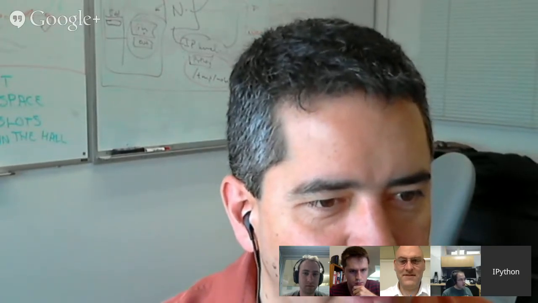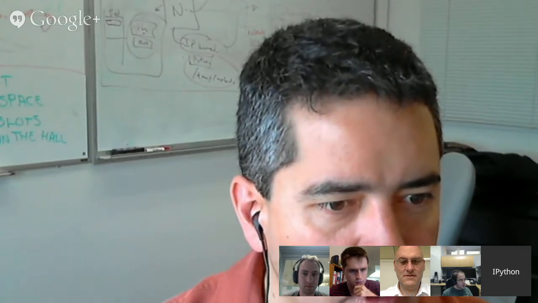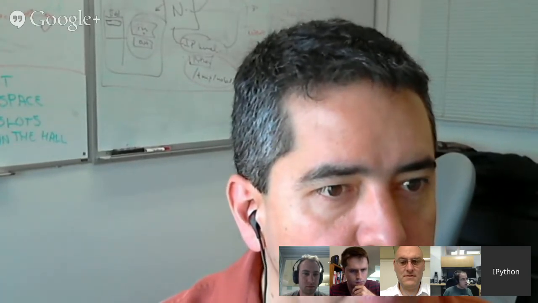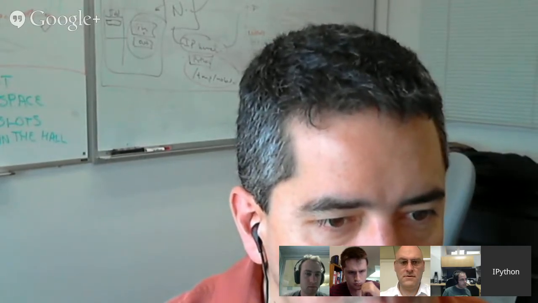So genutils, we said we were not going to even document. Yep. Traitlets is already there. Core is already listed. NB format's already listed. Client's already listed. Main IPython's already listed.